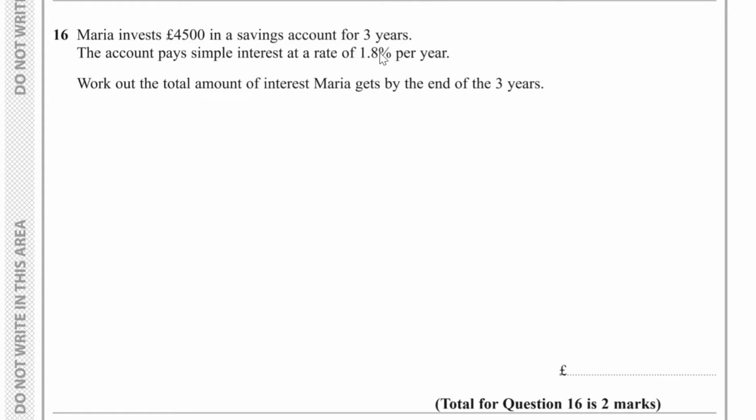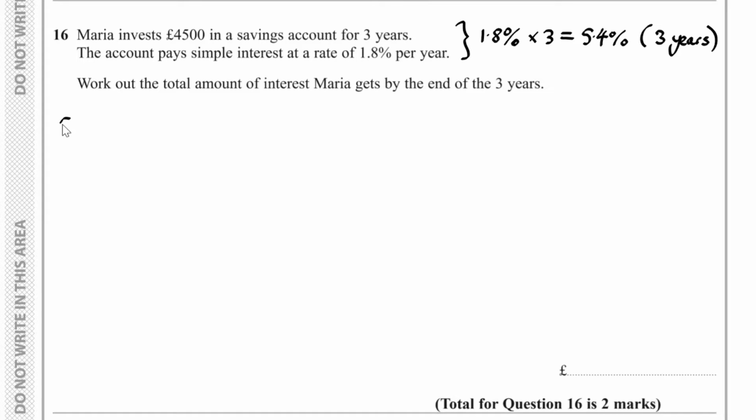So over here, if we have 1.8% per year and we're investing for 3 years, you can see here 1.8% multiplied by 3, that's equal to 5.4% for the 3 years. Okay, so we need to work out 5.4% of this amount over here, which will tell us the amount of interest.